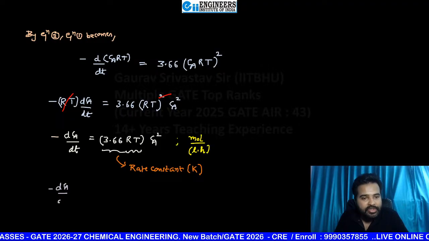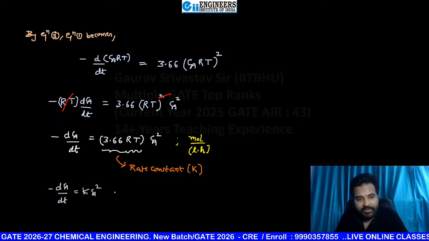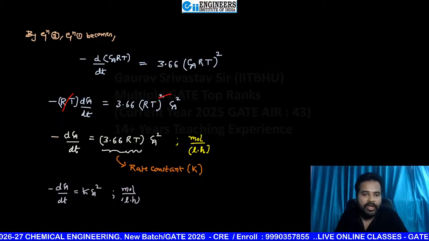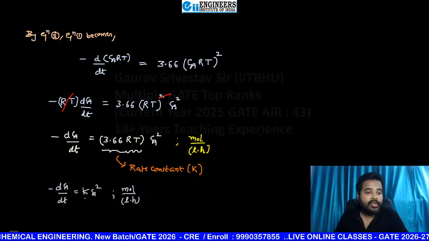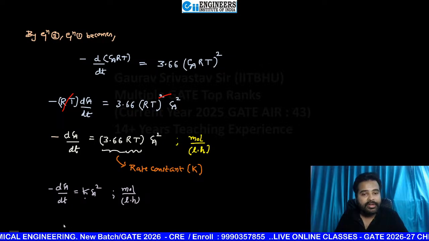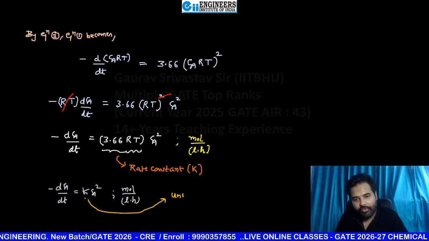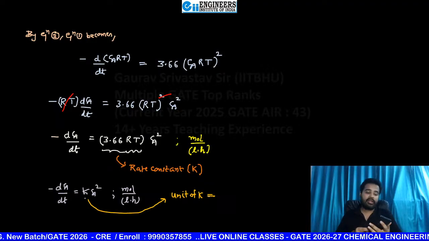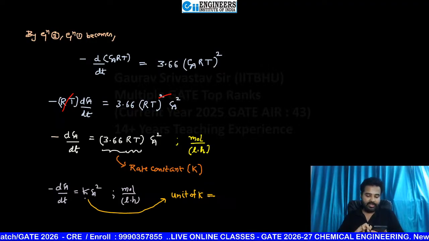This is dCA by dt, and you are writing this as kCA square. Now just check what should be the unit of k, the reaction rate constant, this time. Everyone please write the unit of k, and after writing, please write done in the comment section.